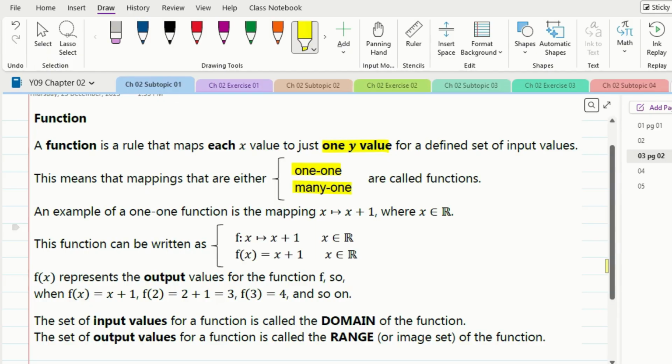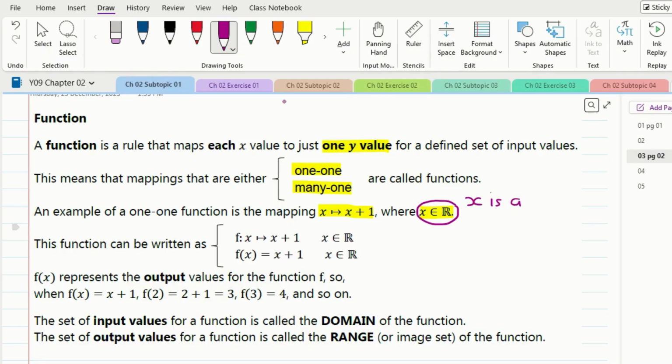All right, an example of a one-to-one function is the mapping from the previous example. Here is a new notation for you. Since mathematicians like to abbreviate statements, the meaning of this is actually just that x is a real number.